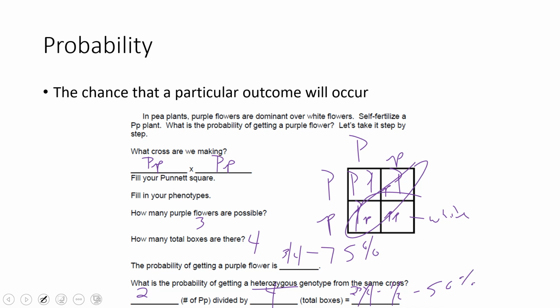Now here's also where I really need to hit something home that's really important for you. I am not saying that when you allow this plant to self-fertilize, it's going to have exactly 4 kids, and these are going to be the 4 kids that they end up producing. No. What I'm saying is, these are the possibilities that they can make if you allow this plant to self-fertilize.